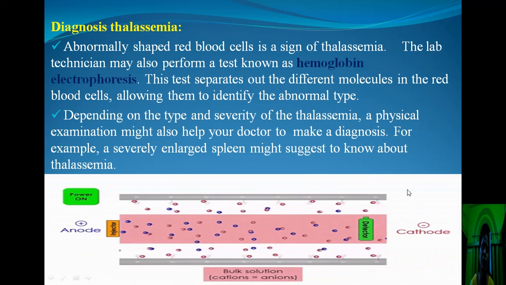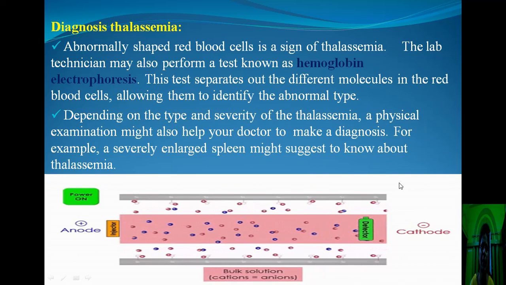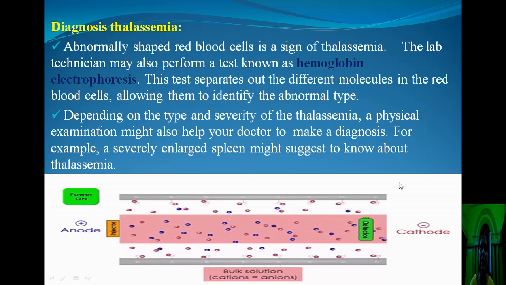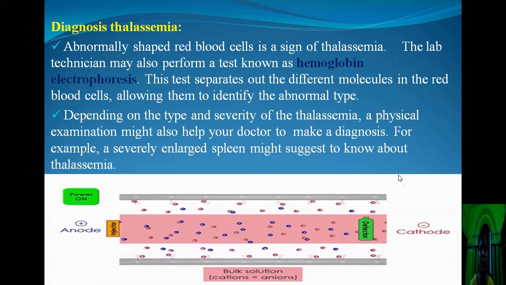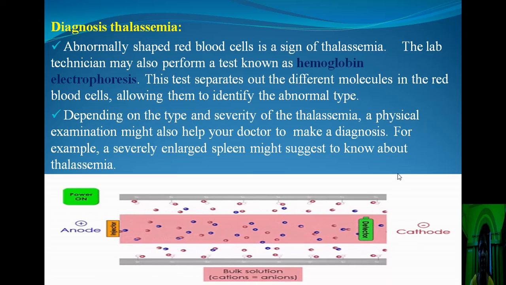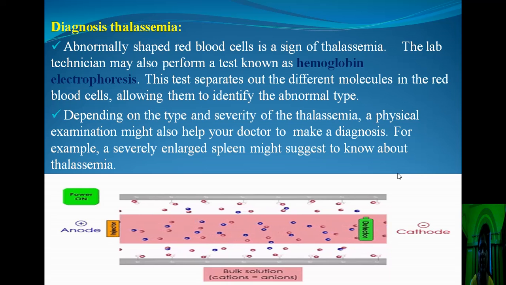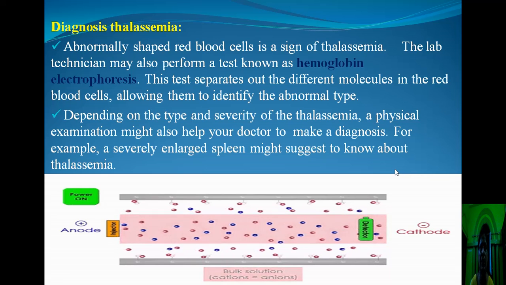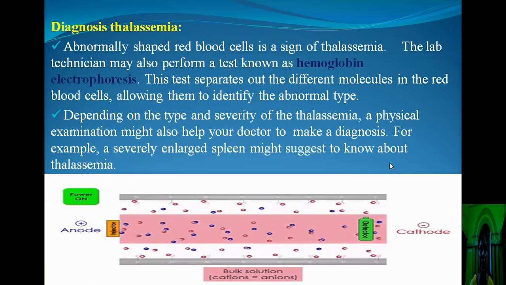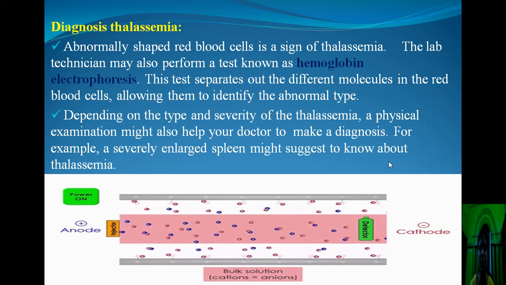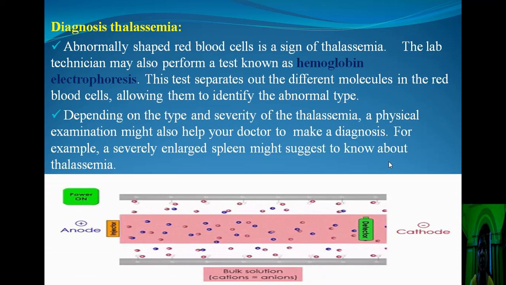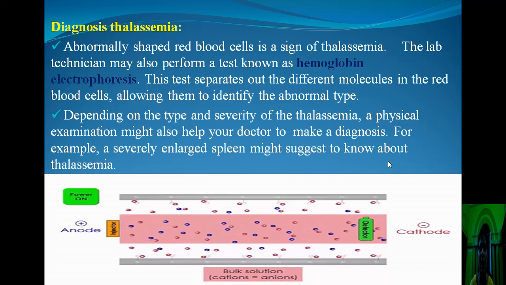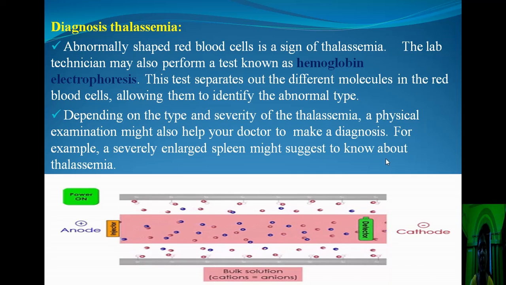Then, coming to the diagnosis of thalassemia. Abnormally shaped red blood cells are a sign of thalassemia. When the shape of the RBCs is defective, that is called thalassemia. The lab technician may also perform a test known as hemoglobin electrophoresis. This test separates out the different molecules in the red blood cells, allowing them to identify the abnormal type.